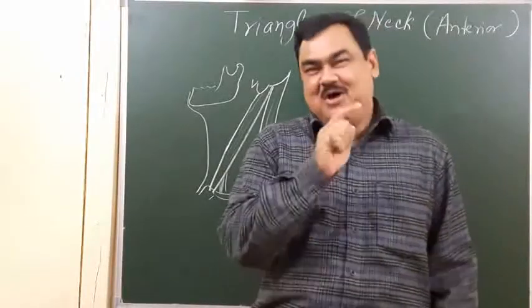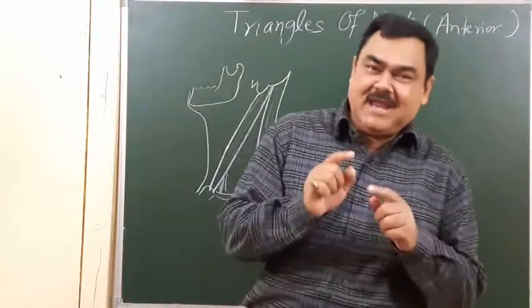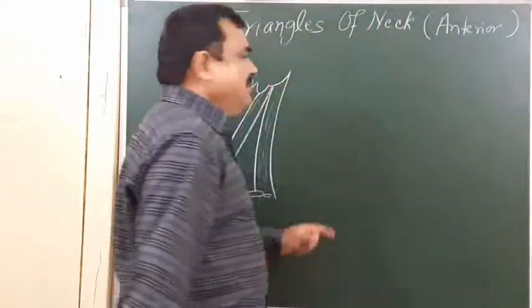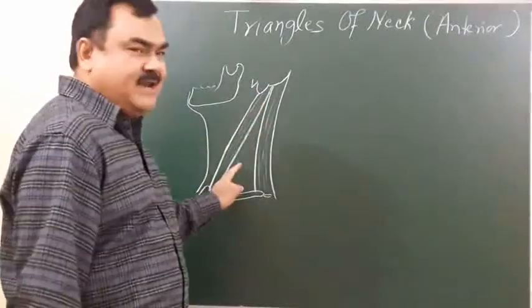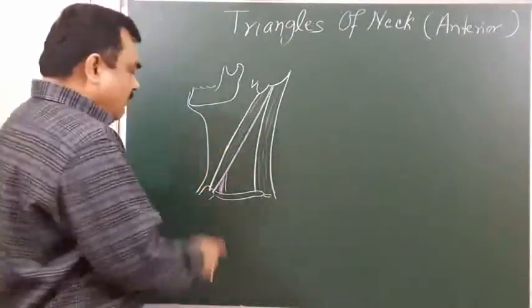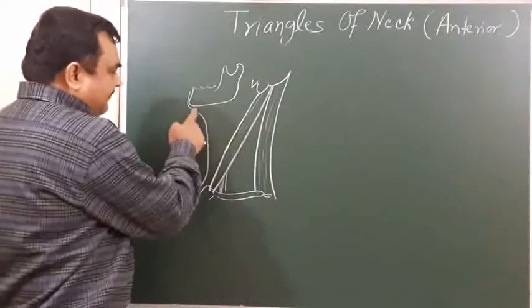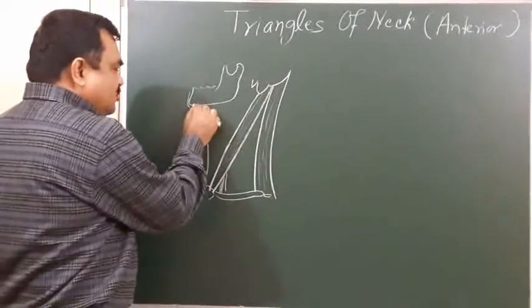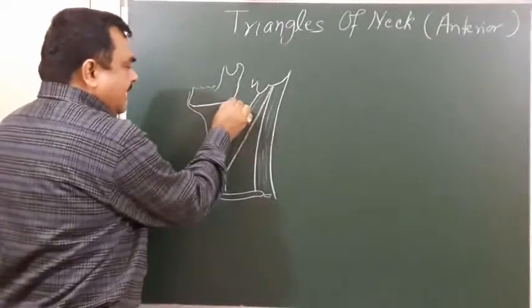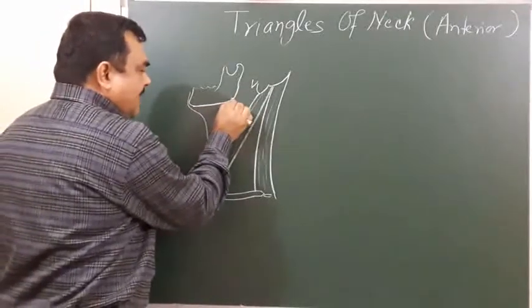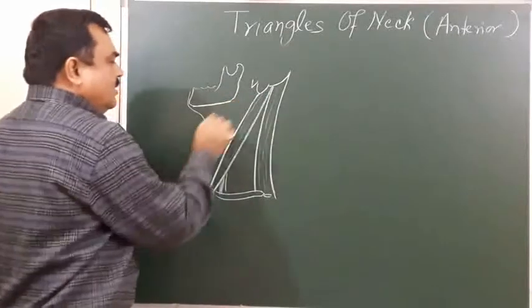Now we'll discuss the anterior triangle of the neck. In the previous lecture you have seen the posterior triangle. Now we'll discuss the anterior triangle. The anterior triangle is superiorly bounded by the base of the mandible and a line joining the angle of the mandible to the mastoid process.